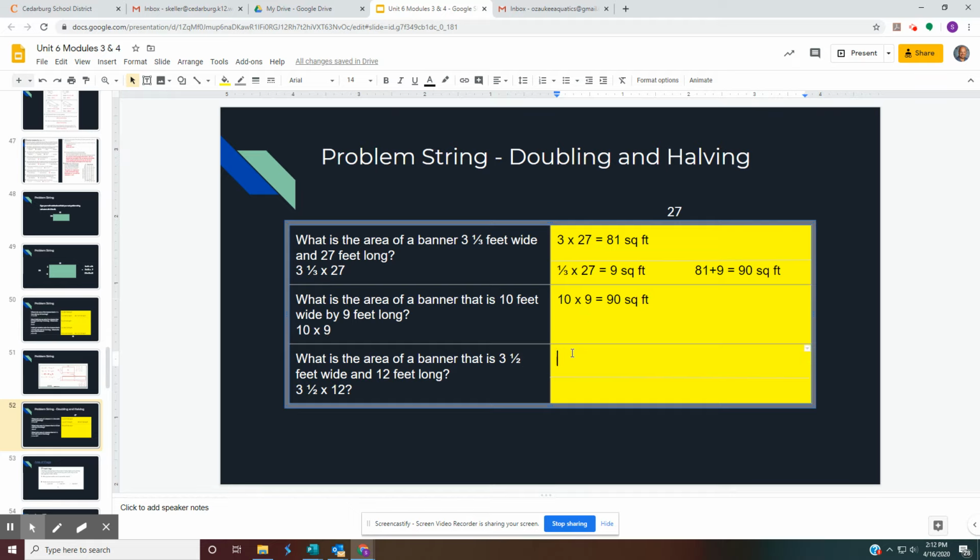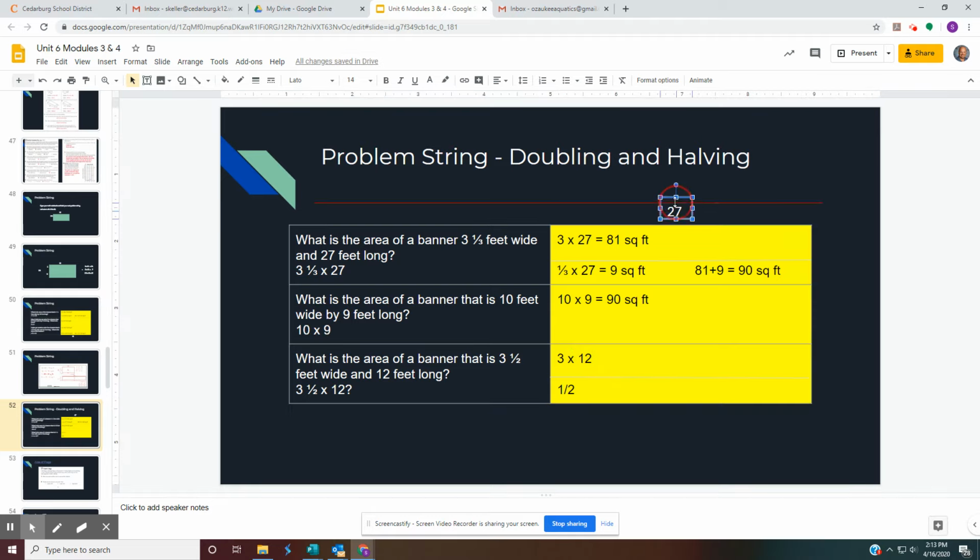All right, now this last one is usually just a tricky one on our number corners. Same sort of pattern that we've used before, but we're not able to use any previous questions and answers to help us out. So we have 3, and we're multiplying that by 12 because our new length of our banner is 12 feet.